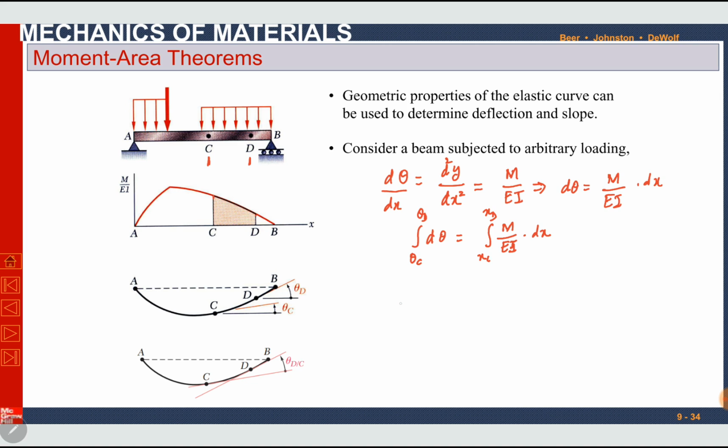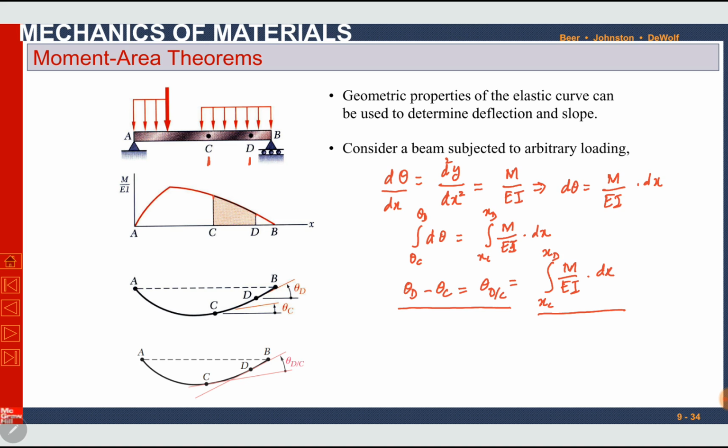We can rewrite it as theta D minus theta C, or theta DC, is equal to the integral of M over EI dx from xC to xD. This is the change in slope.